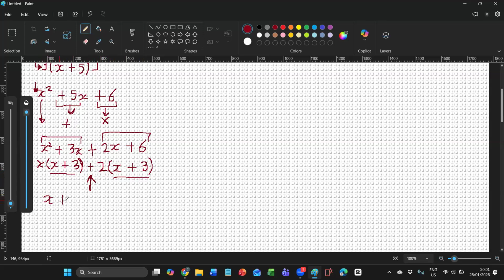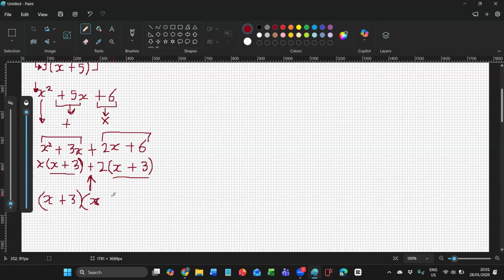And of course, that means that a bracket will be left showing what is remaining after I've factorized it. So when I factorize x plus 3, I'll be left with x because, like I said, it's like a division operation, isn't it? Imagine dividing x times x plus 3 over x plus 3. The x plus 3 will cancel itself, leaving you with x.